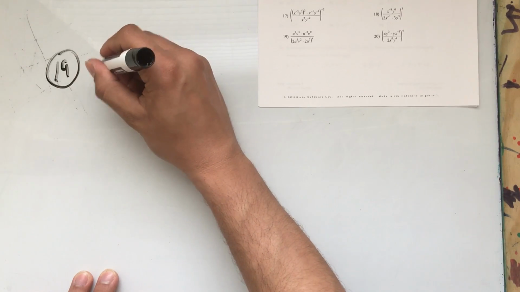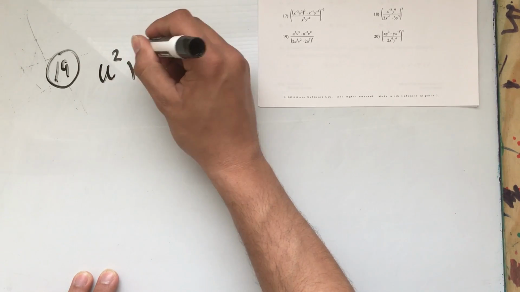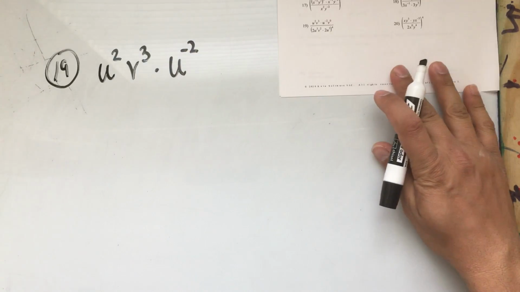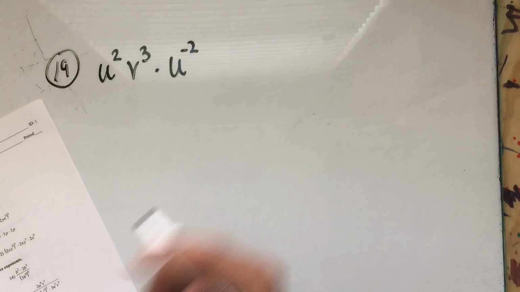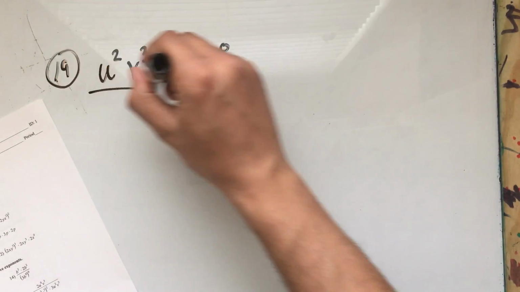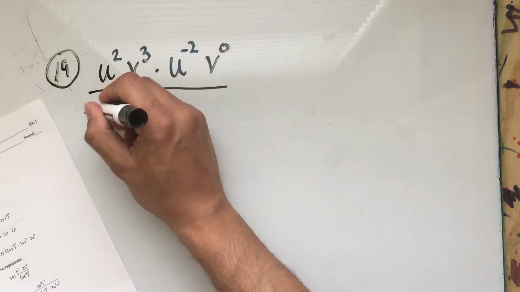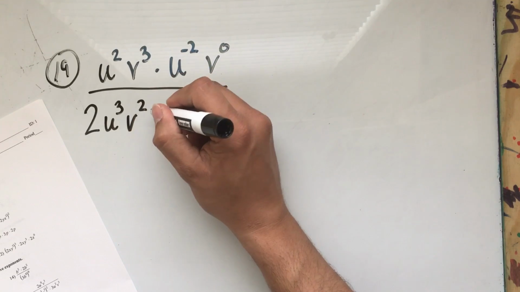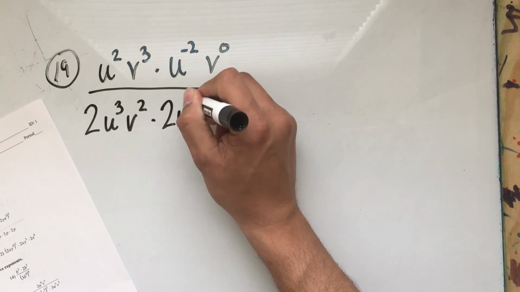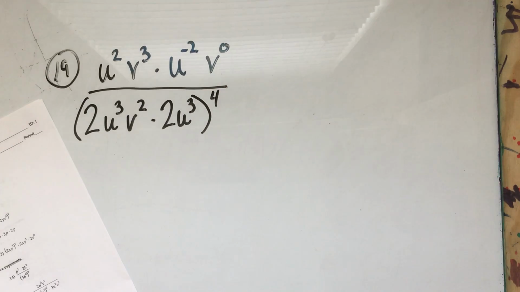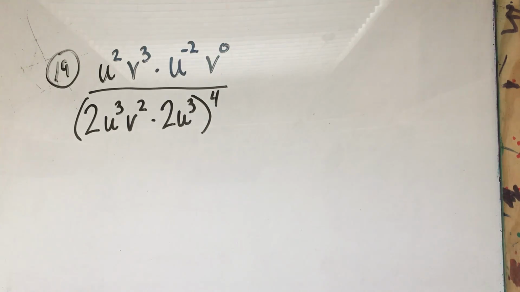Number 19, we have u squared v to the third times u to the negative 2 v to the 0 divided by 2u to the third v squared times 2u to the third, and the whole thing is being raised to the 4th power.